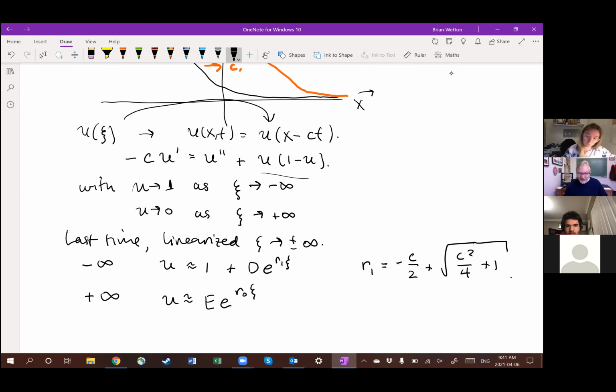I put the subscript 0 for when the solution is near 0 and 1 for when the solution is near 1. And this root was minus c over 2 plus the square root of c squared over 4 minus 1.